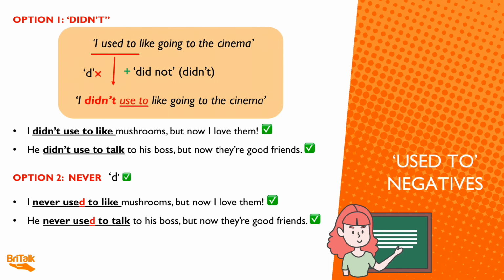He never used to talk to his boss, but now they're good friends. So again, I want you to challenge yourselves and write your own sentences in the negative with both didn't and never, and you can post your answers in the comments.